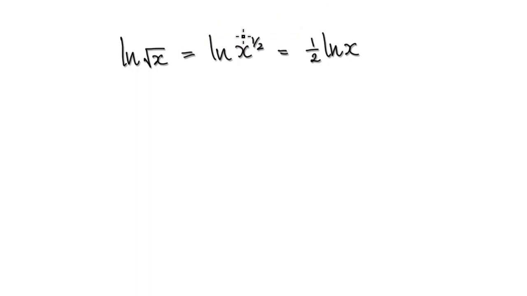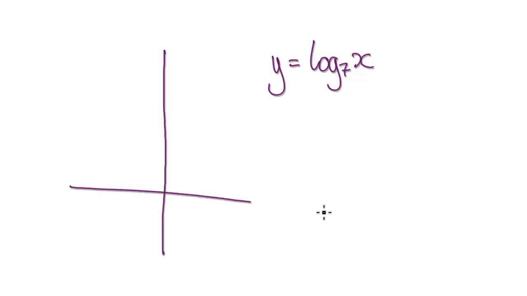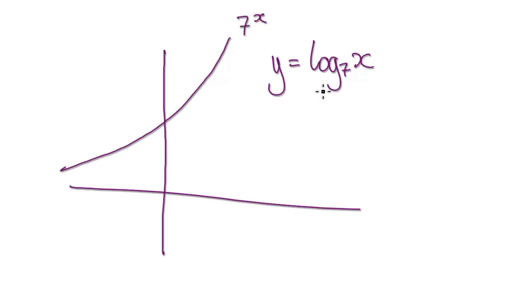Also if I were to ask you to sketch a graph of, let's say, log base 7 of x, in your mind picture 7 to the power of x, which will look something like this, and the log is really the inverse of this thing here, so it's really a reflection along the diagonal line. It will look something like this.